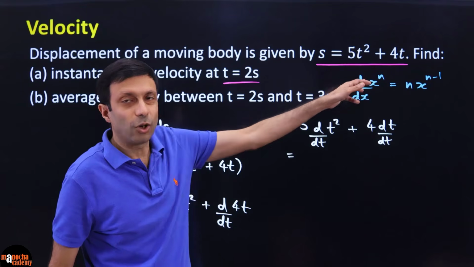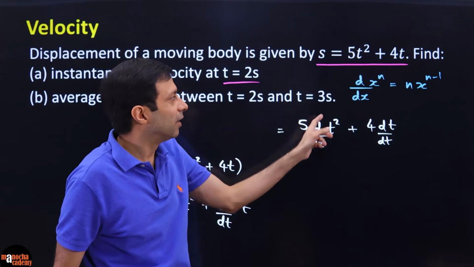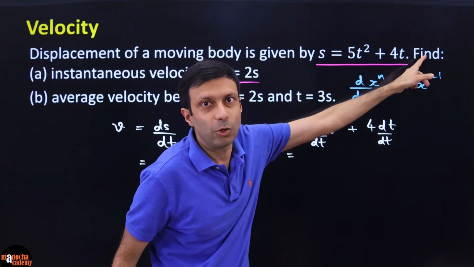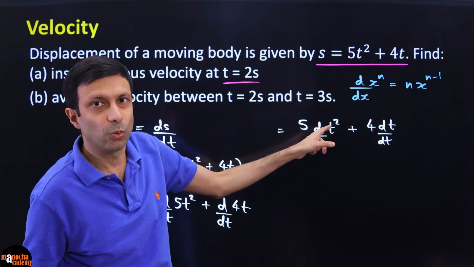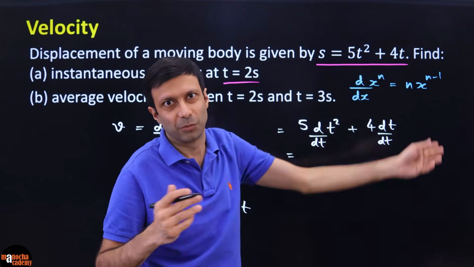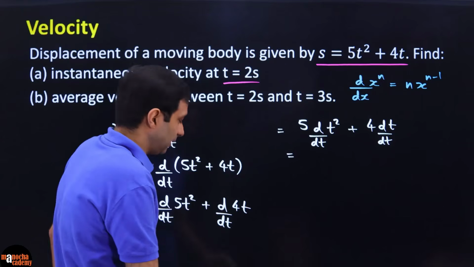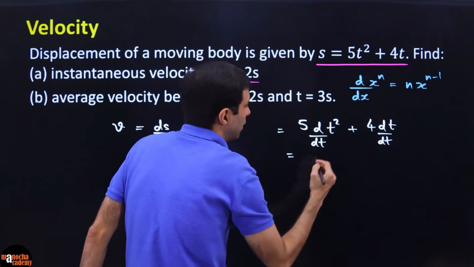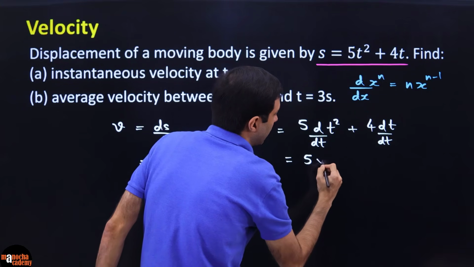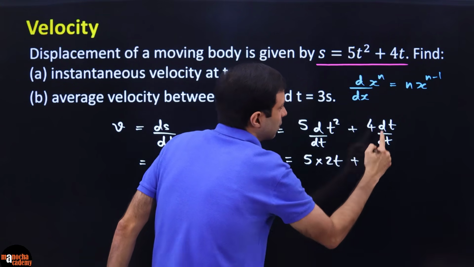So here my variable is not x, it's t. So let's apply that. So d dt of t square will become n times t to the power n minus 1. Here n is 2. So 2 times t to the power 2 minus 1, which is 1. So 2 times t.